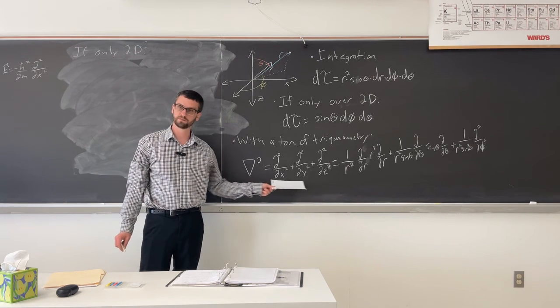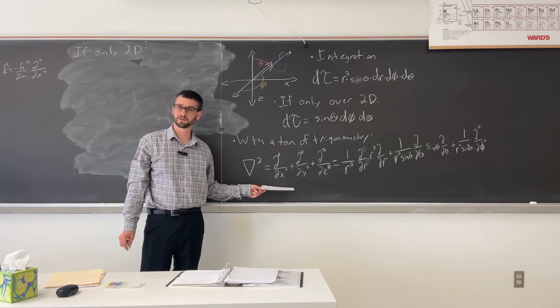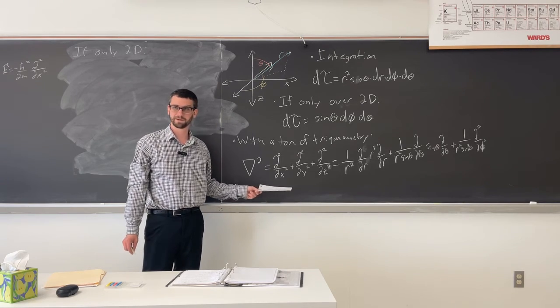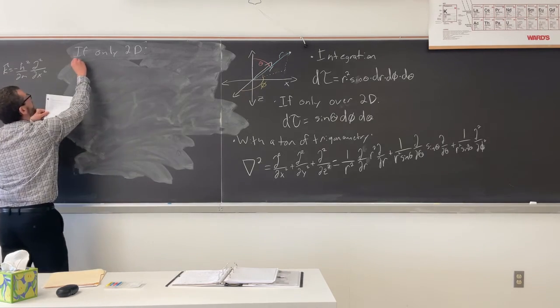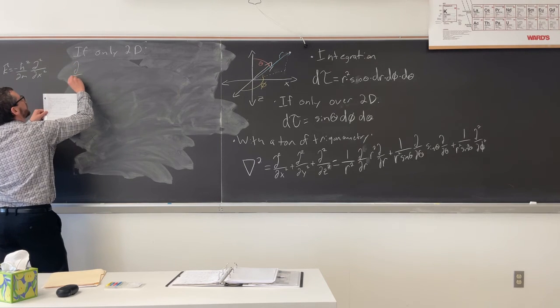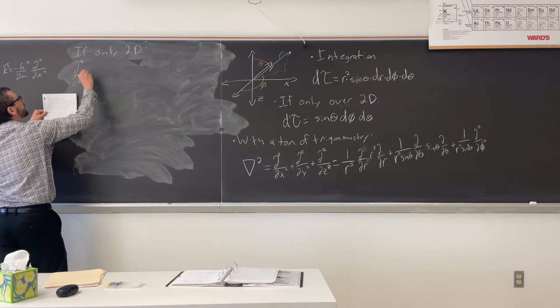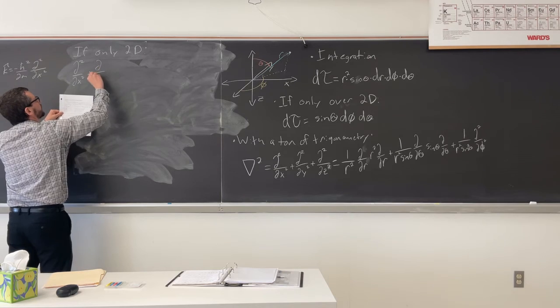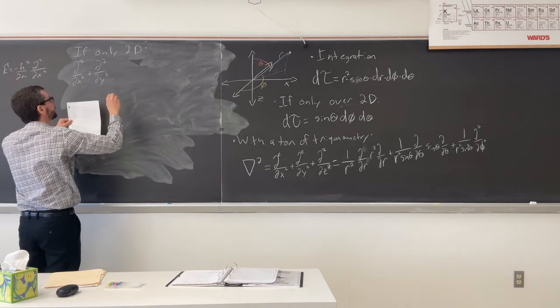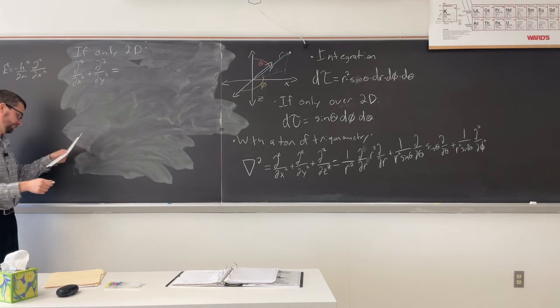So for this section, what would we just get rid of? Yeah, let's get rid of z. So we get partial x squared plus partial with respect to y.